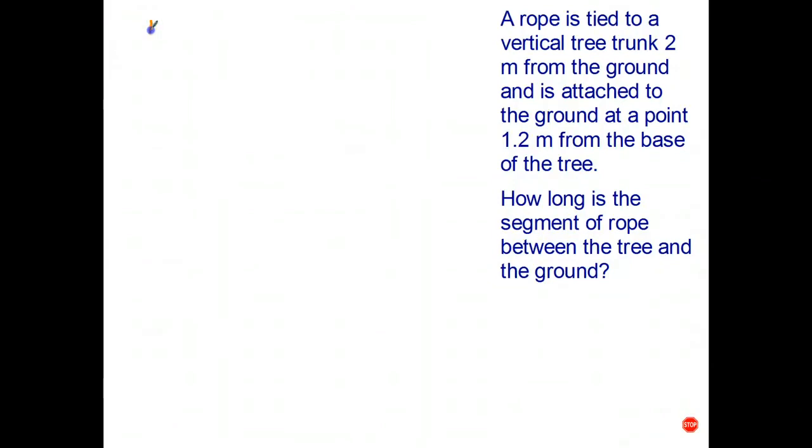So we have a vertical tree, we have horizontal ground. On this tree, from that distance to there, we're told that the rope is 2 meters above the ground. There's a right angle.